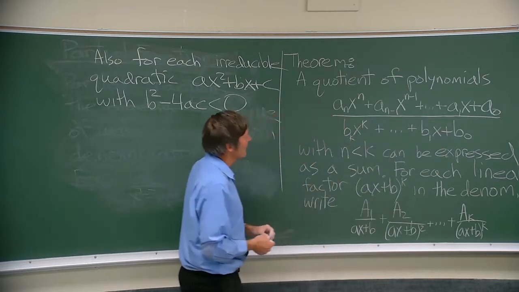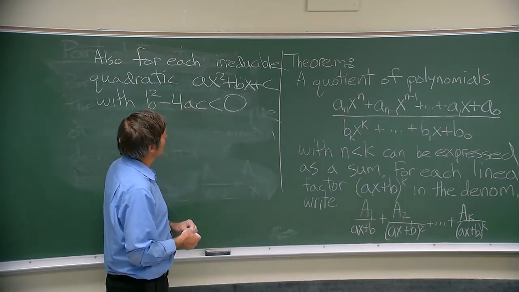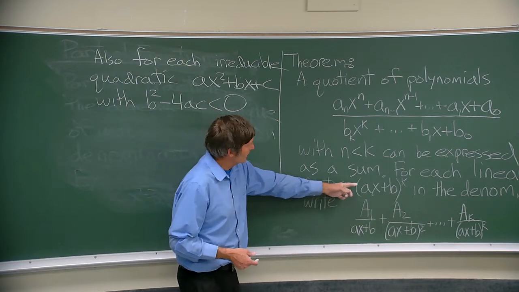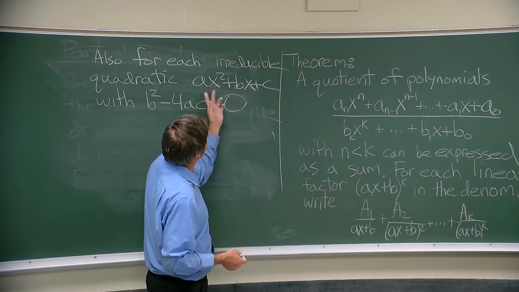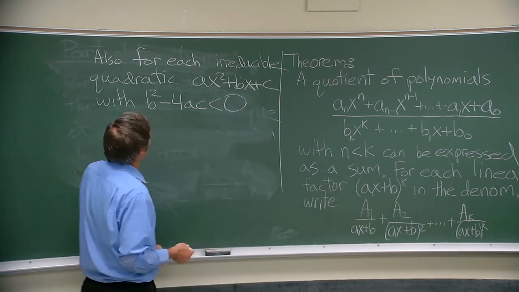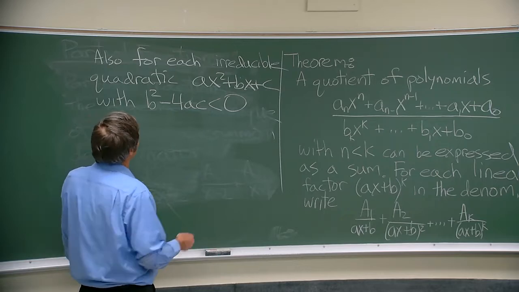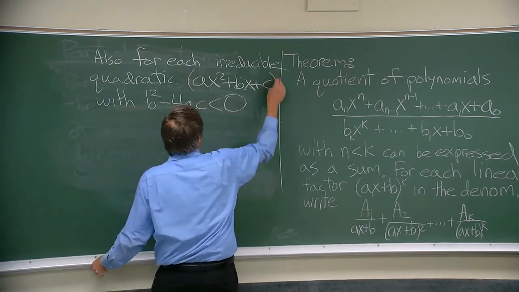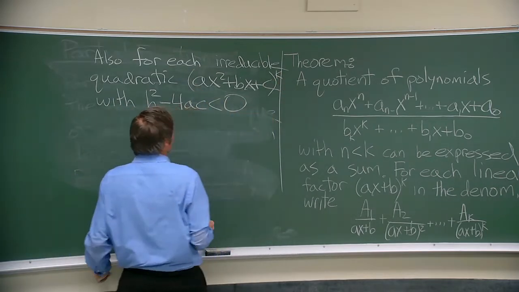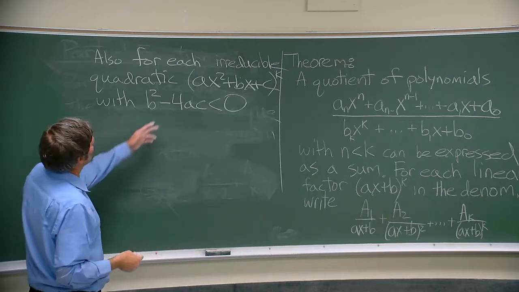Every polynomial, including this denominator, factors uniquely as a product of these linear factors, ax plus b, and these irreducible quadratics, ax squared plus bx plus c. Now this might occur k times also, some k number of times.